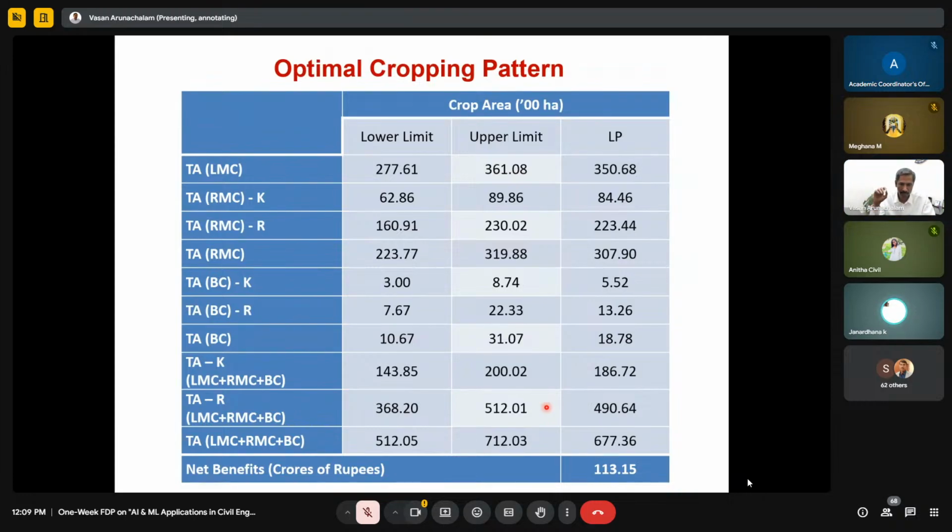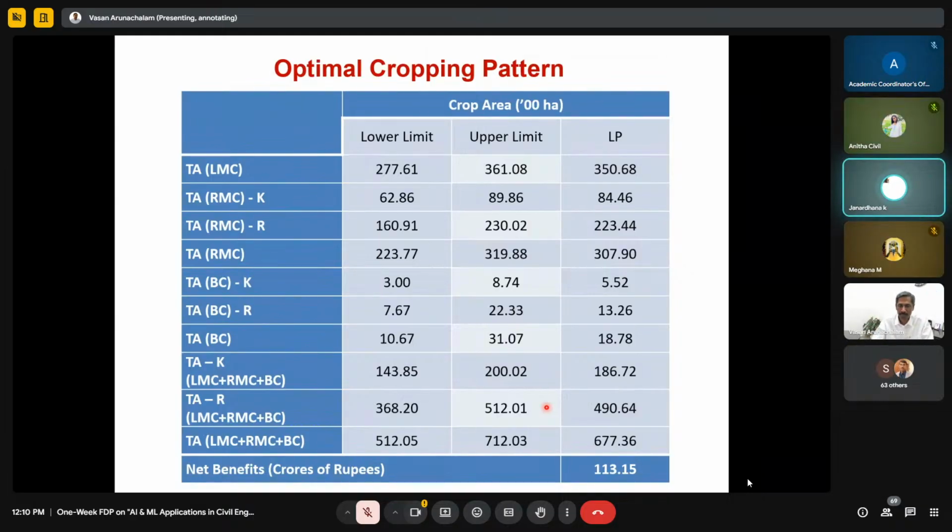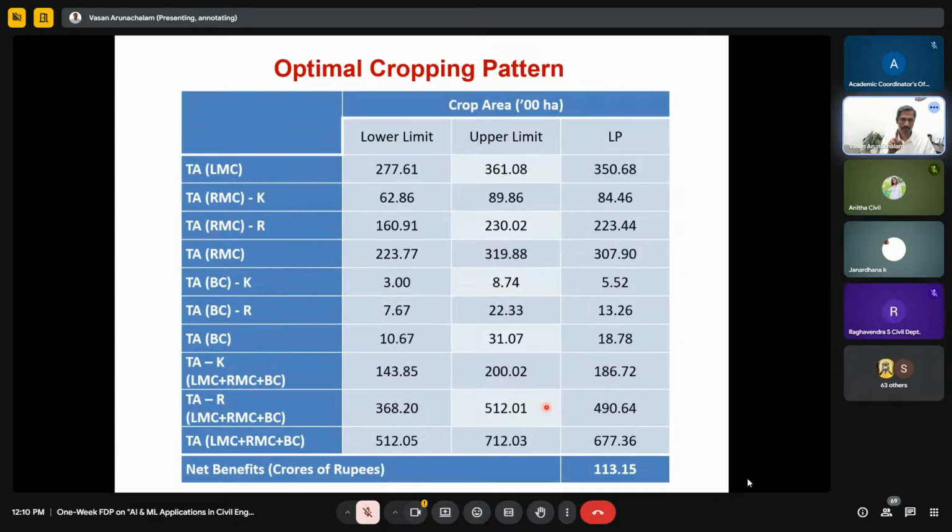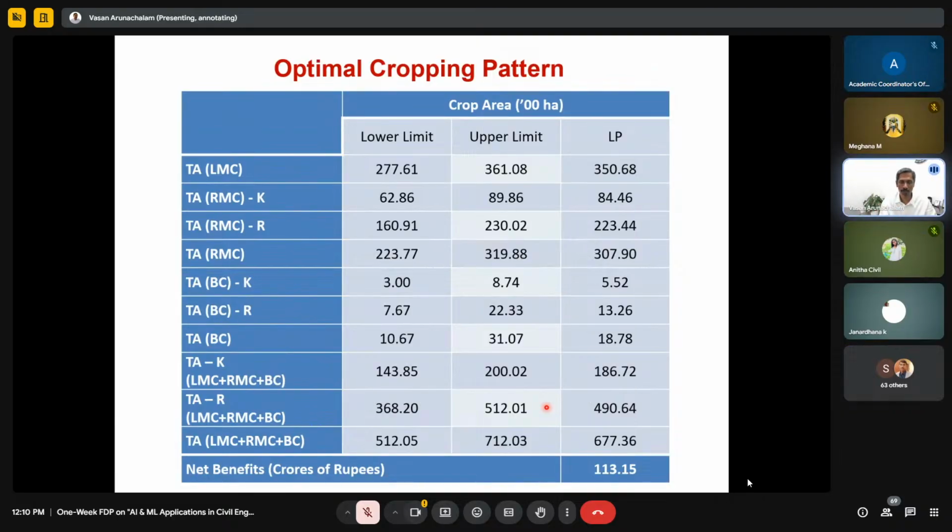So this 113.15 is at least 25% more than the ground reality. Now going further, this 113.15 should increase by another 20%. I'm just telling theoretically. Unless the assumptions we have taken in the model change, it won't change much. The uncertainties again are basically some 10%. Correct.